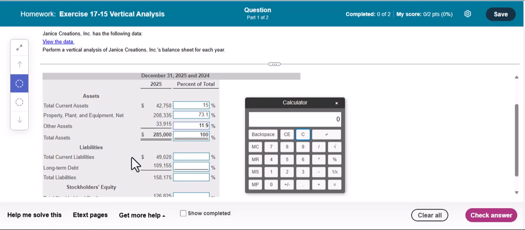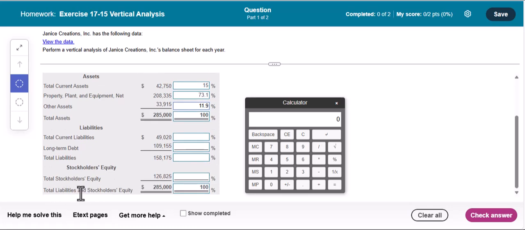Let's take a look down next. We have total current liabilities. And this amount is actually going to be out of the total liabilities and stockholders' equity, since this liabilities and equity section, this is the total here at the bottom. So let's go ahead and get that: 49,020 divided by 285,000.